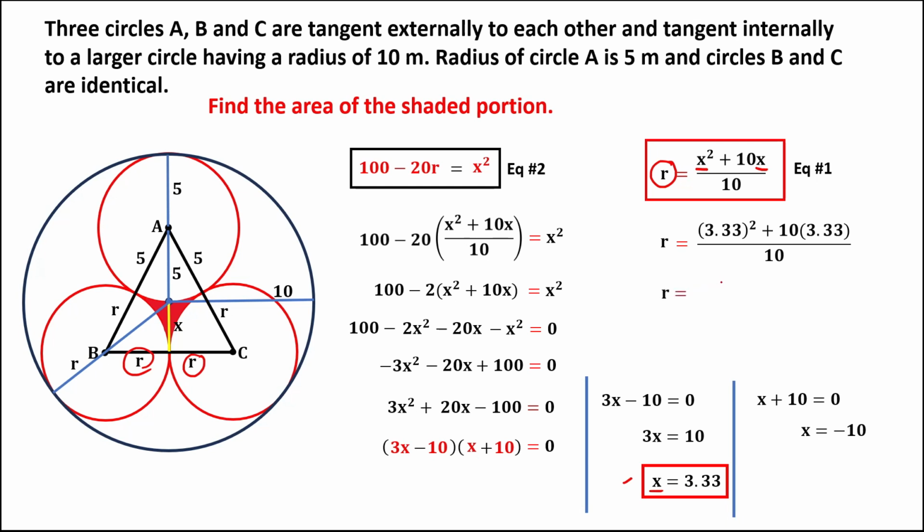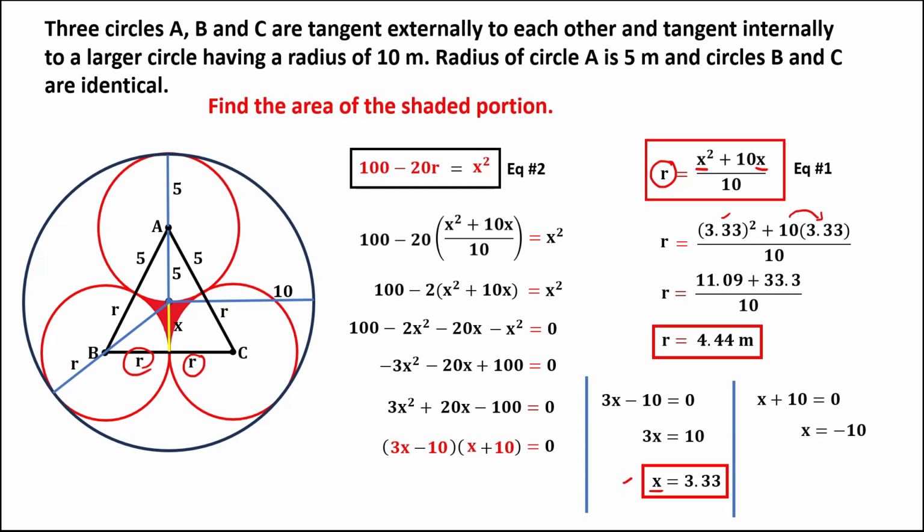The square of 3.33 is 11.09, plus 10 times 3.33, that's 33.3, then divide by 10.